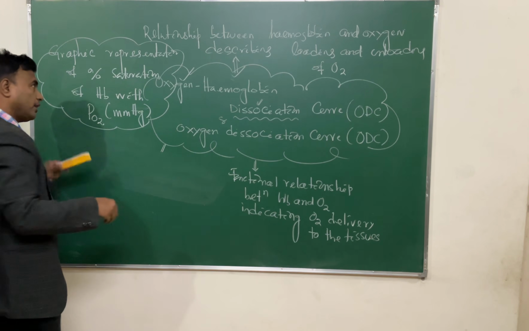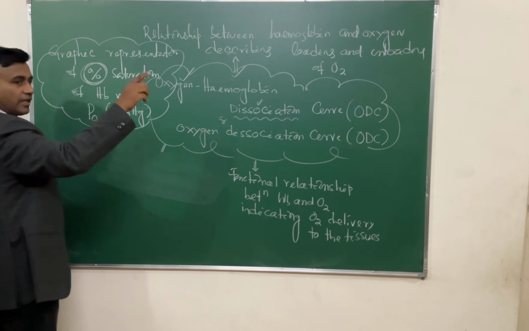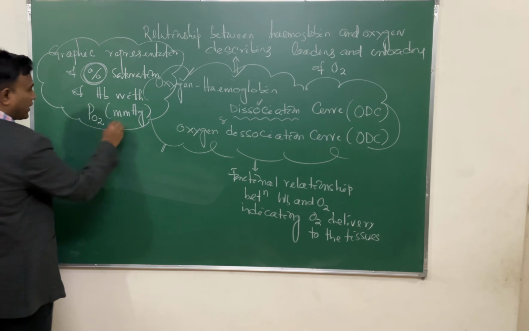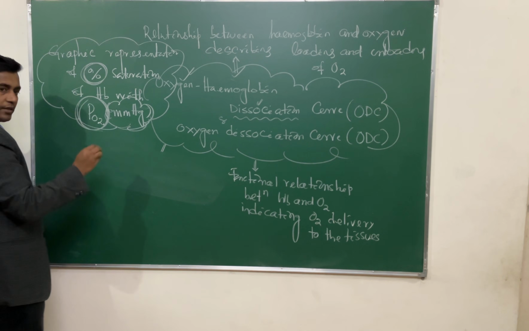And here I am saying percentage saturation of hemoglobin, how much percentage is being saturated. And when I am saying it is millimeter of mercury, it means I am saying the partial pressure of oxygen.